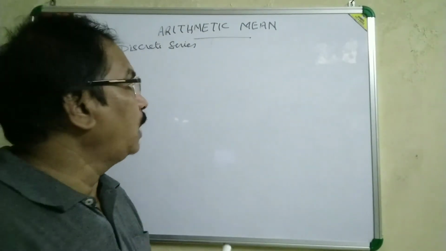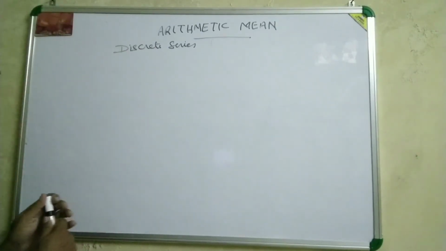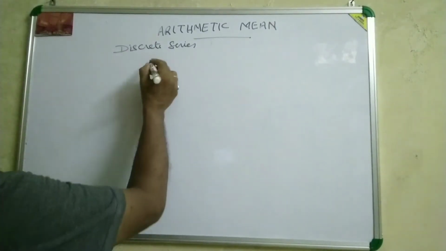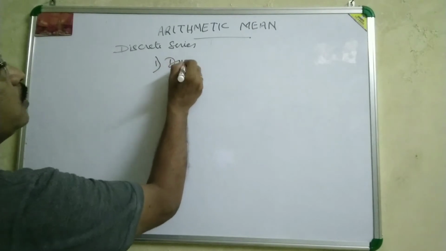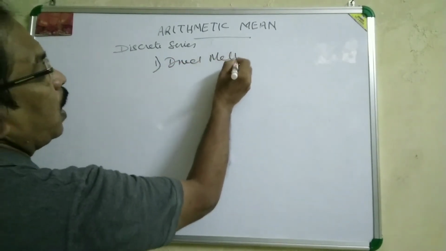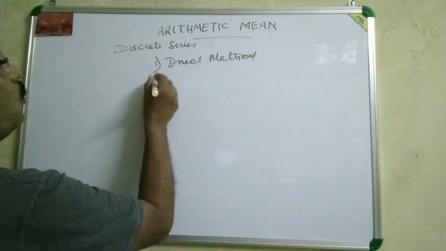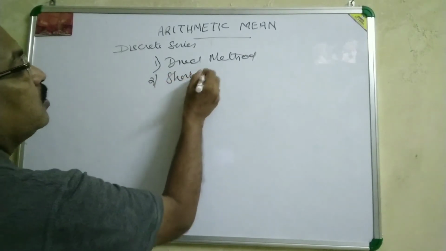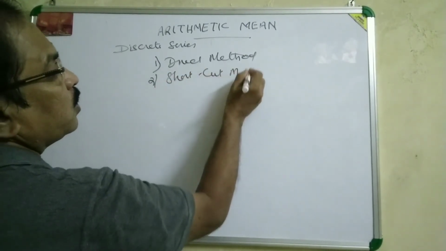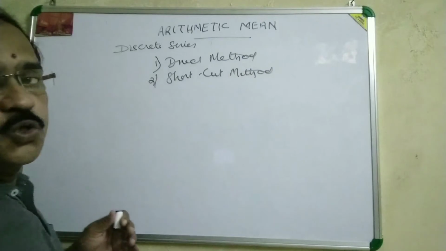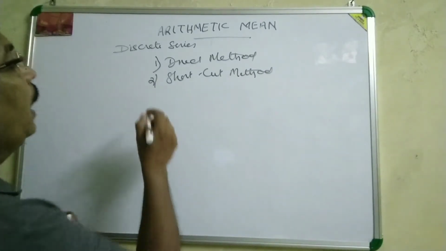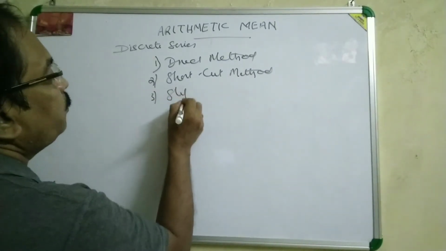Then when we come to calculate arithmetic mean by discrete series, here also we will have three methods. One is your direct method. The second one is your shortcut method, also known as assumed mean method, and the third one is your step deviation method.